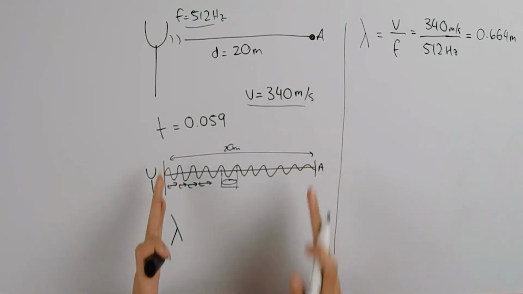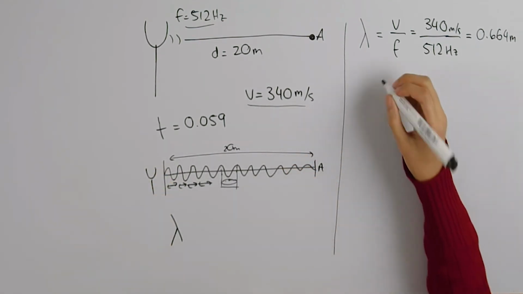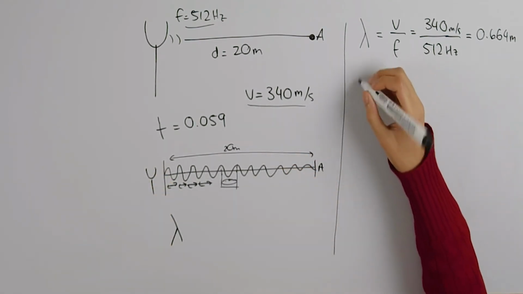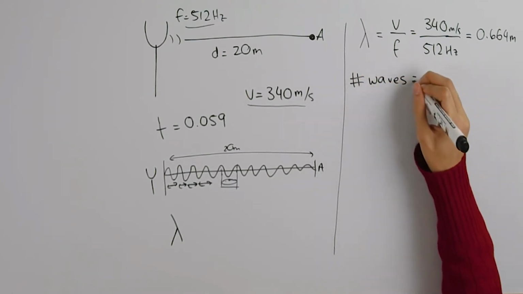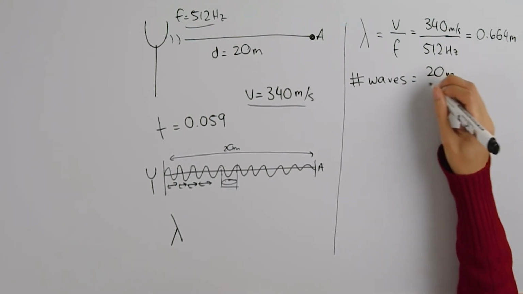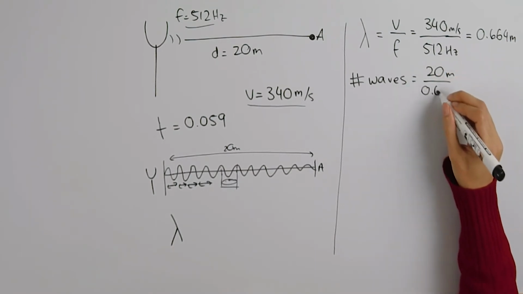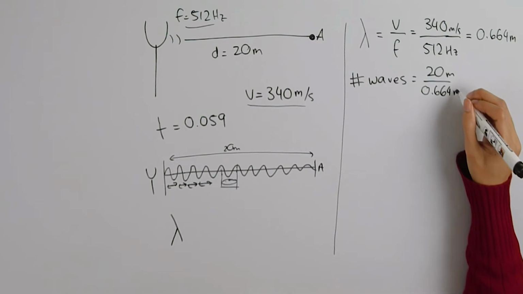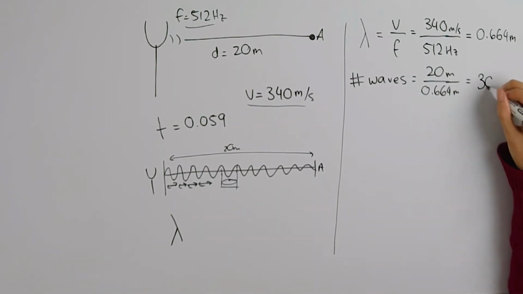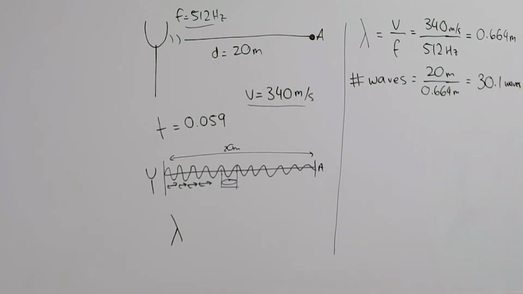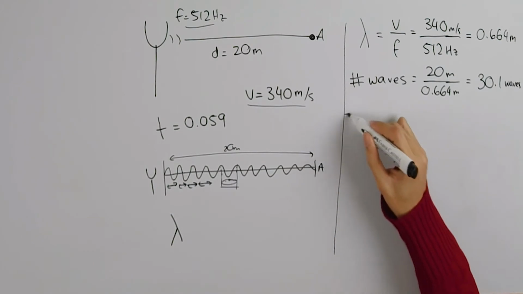Now we know the full distance is 20 meters. We can divide it by the individual wavelength, which means the number of waves is going to be 20 meters divided by 0.664 meters. And this will give us approximately 30.1 waves. Awesome. So that's method 1.